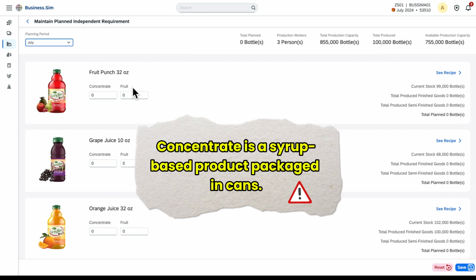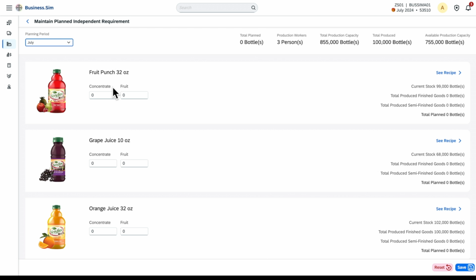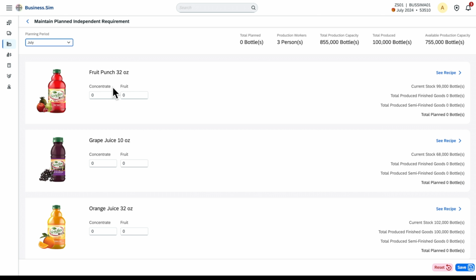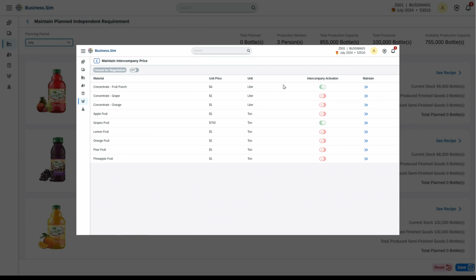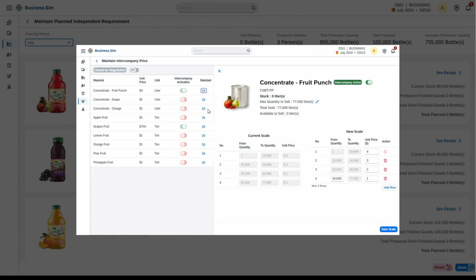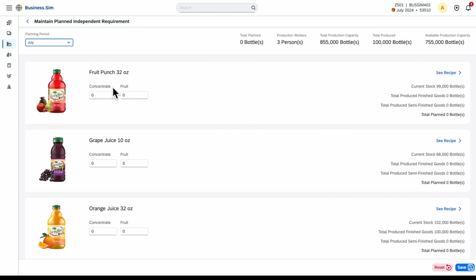Concentrate is a semi-finished goods where the product is still in the form of syrups in the cans. Additional filtered water is required to turn the concentrate into finished goods that are ready to be sold to regular customers. Concentrate can only be sold using intercompany feature. You cannot sell concentrate to regular customers.